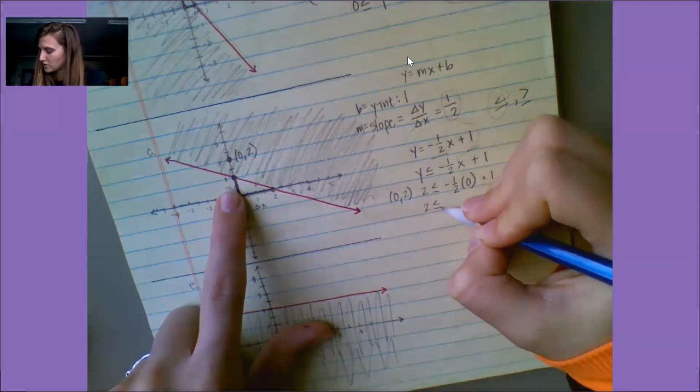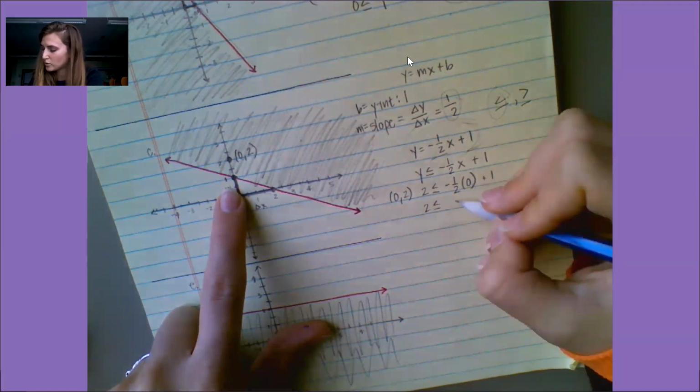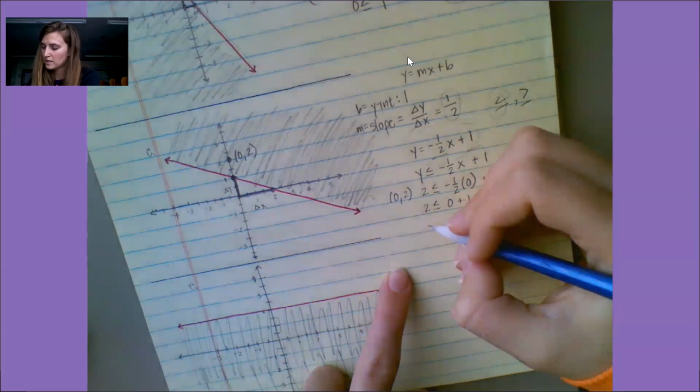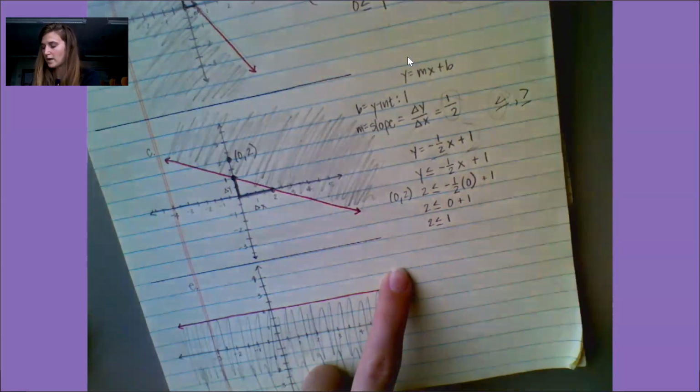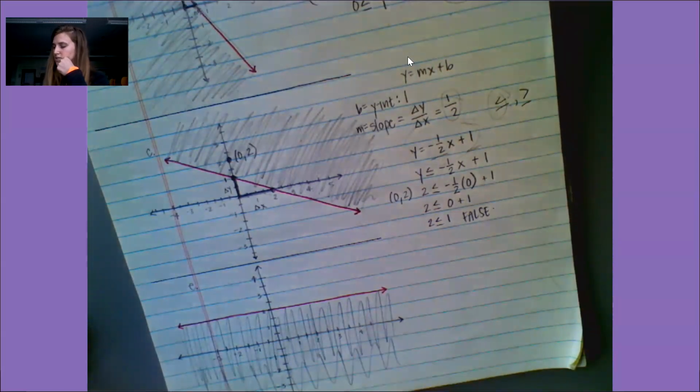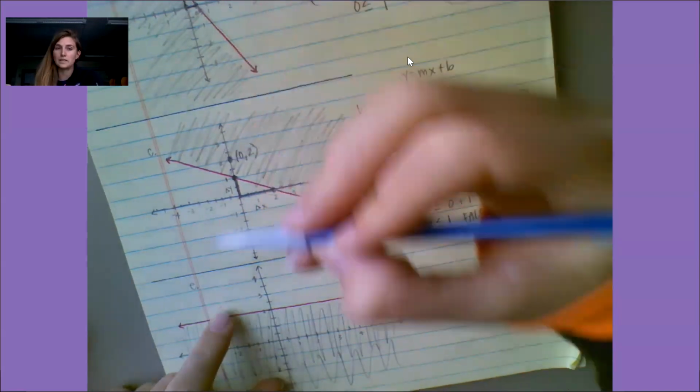Negative 1/2 times 0 is just 0, plus 1. But 2 is not less than or equal to 1. That's false. So let's try and flip the inequality and see if it would work that way instead, because we need this point to be true.